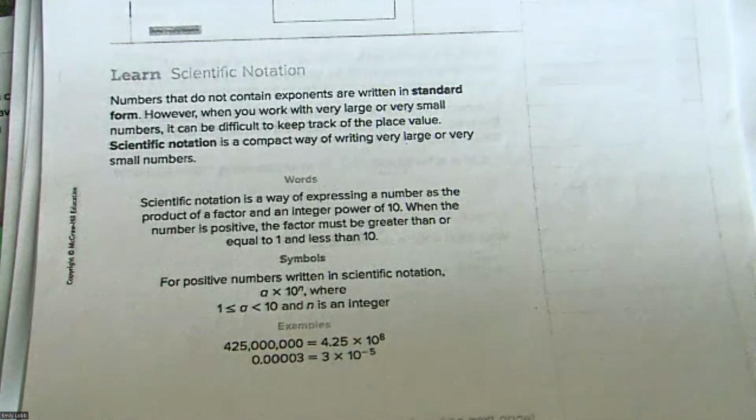All right. We're getting there. Examples. So we might have a very big number. Remember, we would write it as 10 to a positive integer. And if we had a very small number, we would write it as something times 10 to the negative power.